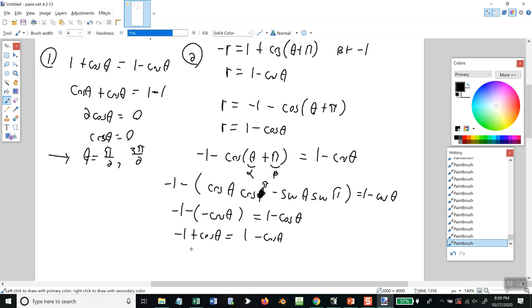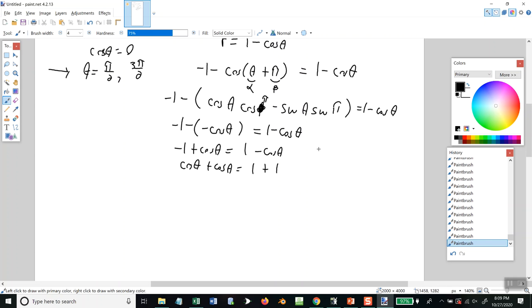Take the cosine thetas over to the left side. And we got cosine theta plus cosine theta is equal to, take that negative 1 over, 1 plus 1. So I got 2 cosine theta is equal to 2. Divide both sides by 2, and I get cosine theta is equal to 1. And cosine theta is equal to 1 at 0.